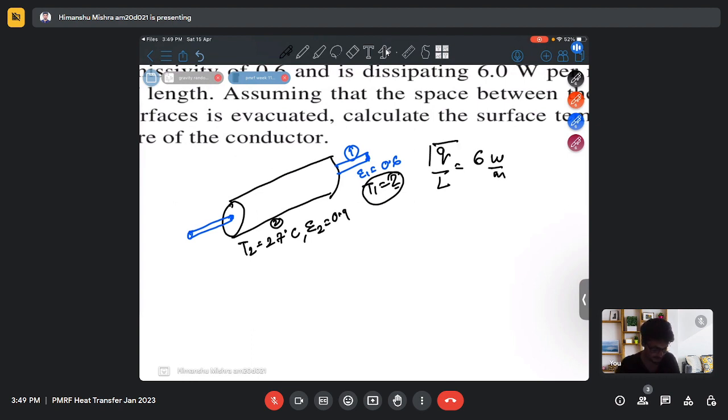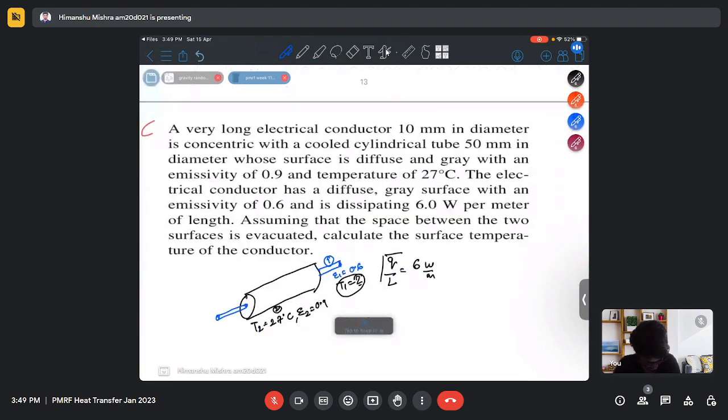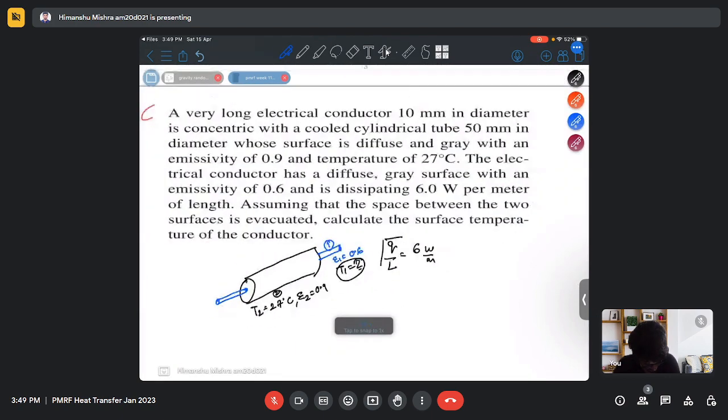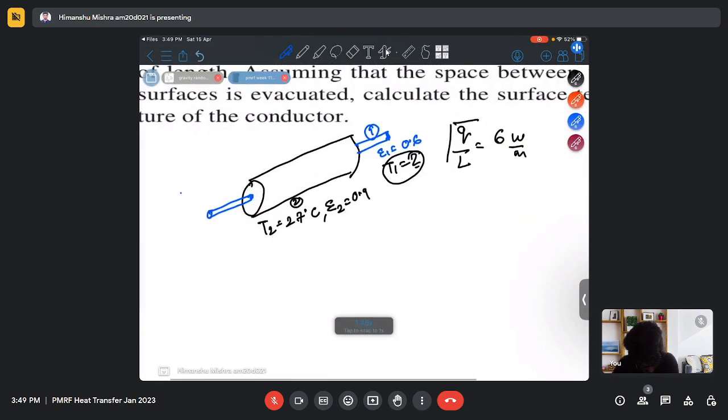So this is the radiation heat transfer between two surfaces, and we have been given the conductor diameter, d1, which is 10 millimeter, and the tube diameter, which is 50 millimeter. So we can basically apply the same resistance concept here.